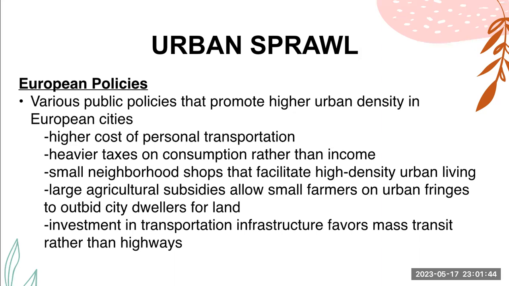So Britain and France allocate between 40% and 60% of their transport investment to mass transit networks as compared to only 17% in the United States. So that's 40 to 60% against 17% of transport investment to mass transit networks.